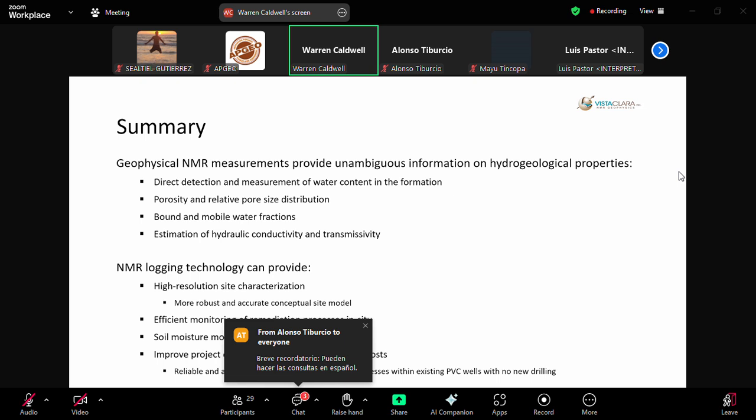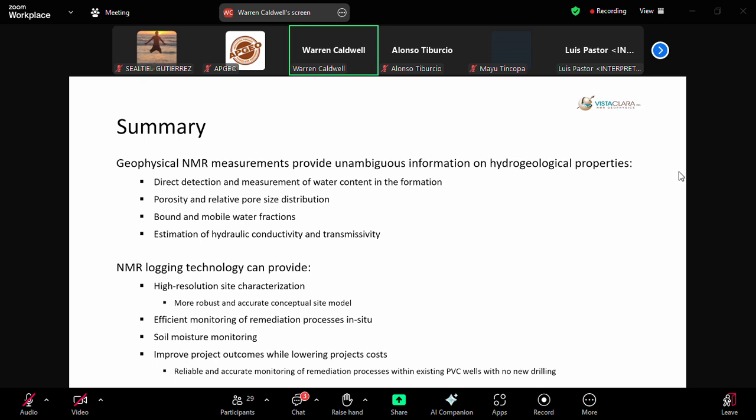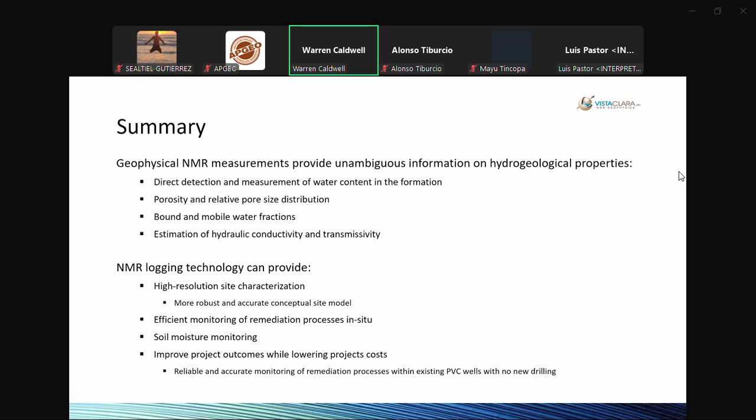If there are installed piezometers, you need to be careful there because there can be two effects.